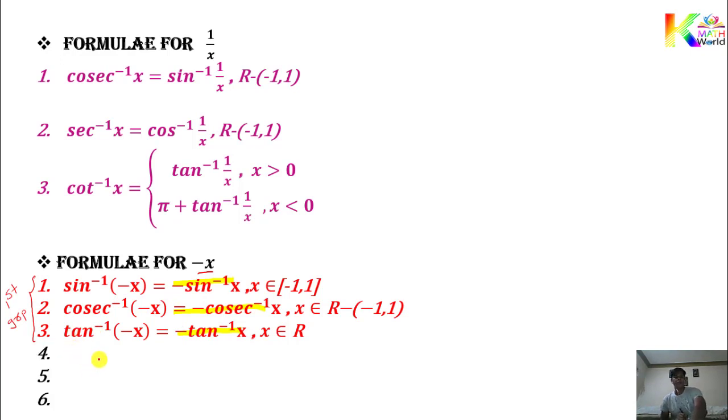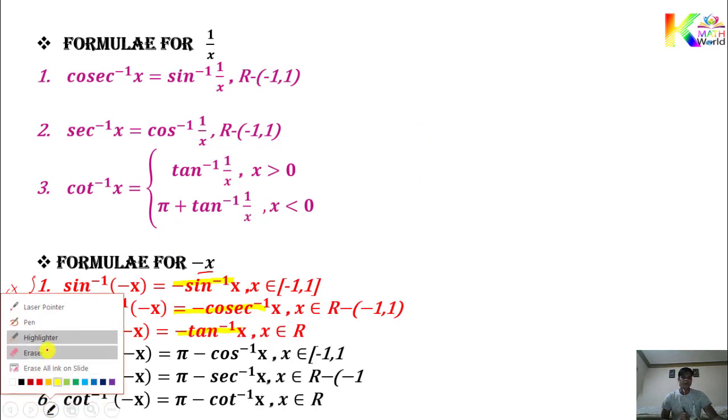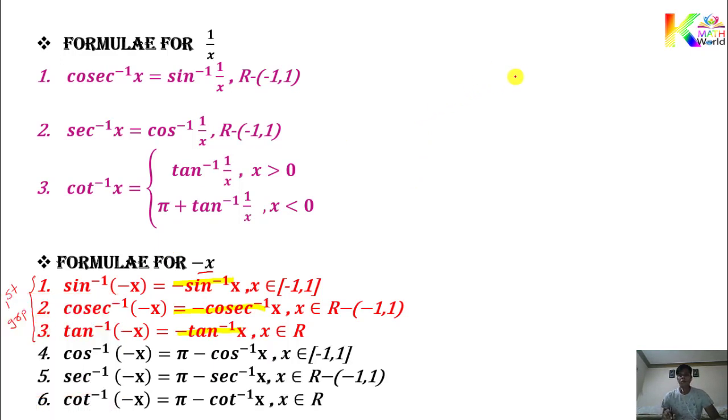Now same way for the second group. If you remember properly, for the second group with a negative angle you get the second quadrant, and the form is pi minus theta.